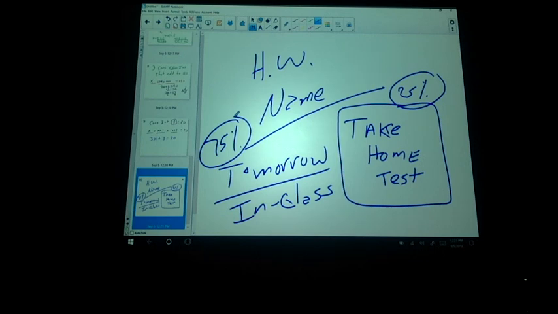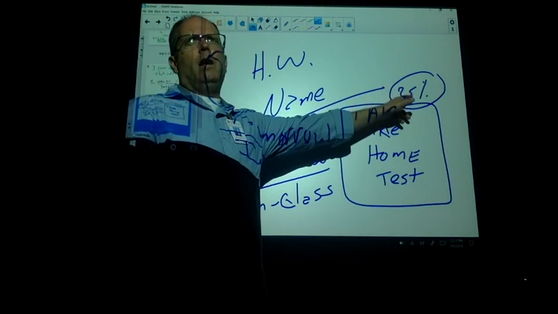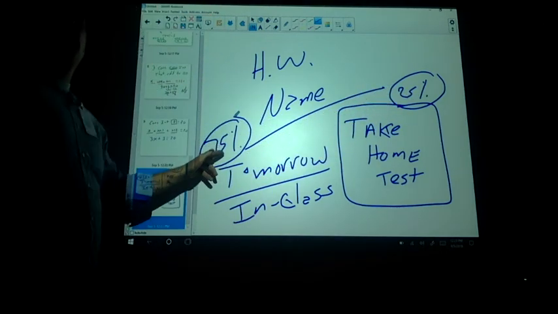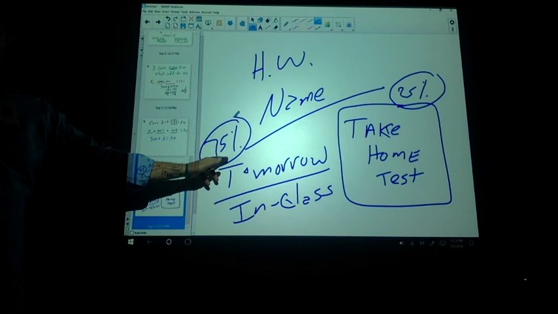Could a student completely cheat and have somebody else do their whole take-home test for them and do really well? Absolutely. But what's the conversation when I grade this and I'm looking and going, okay, you nailed that one, but you got 15% on this one.